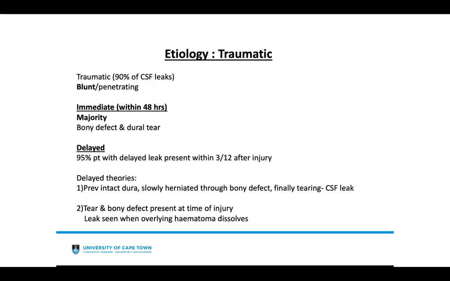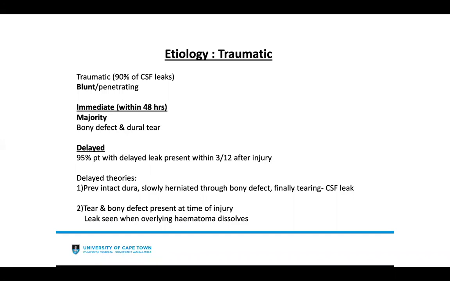Or you can have the group that's a bit more delayed. Now, around 95% of patients with delayed traumatic leaks will present within about 3 months after the injury. And the delayed theories are twofold. The first theory for a delayed traumatic CSF leak is that previously you actually had intact dura, and slowly with time there was a herniation through the bony defect.